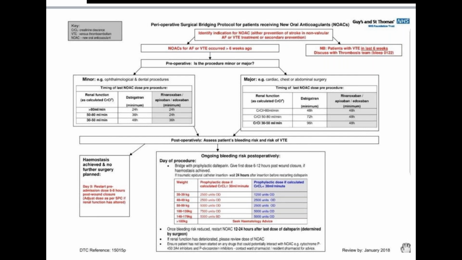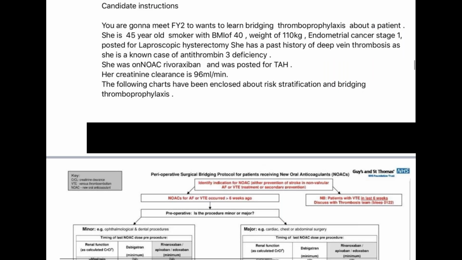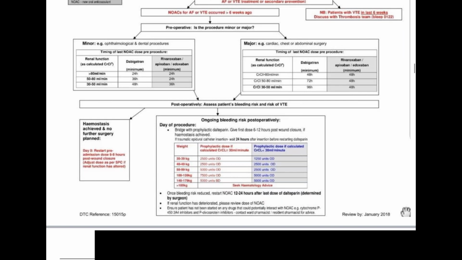So as I told you, the renal function is very important in monitoring these kinds of drugs. So we have our patient's creatinine clearance. We know it's 96, it's mentioned in the station. It's 96 ml per minute. So we'll see where the 96 falls in the rivaroxaban column here.